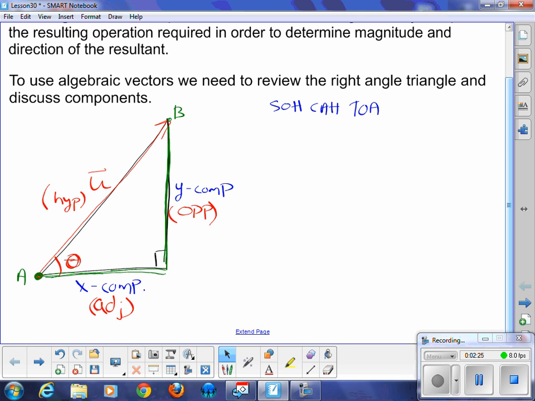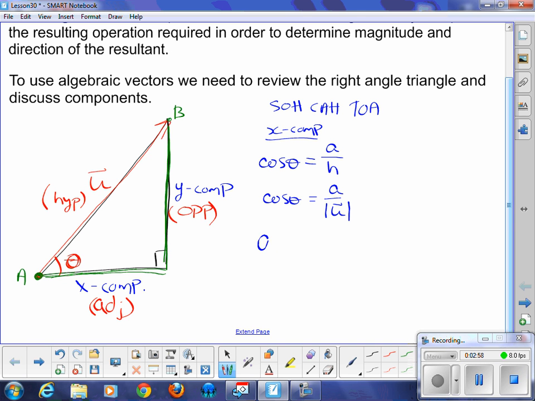So if I want to start with the x component, we know the x component would use cos, so cos of the angle is adjacent over hypotenuse. So cos theta would equal our x component, which I'm going to leave as a for the moment, over our hypotenuse, which is the length of our original vector.